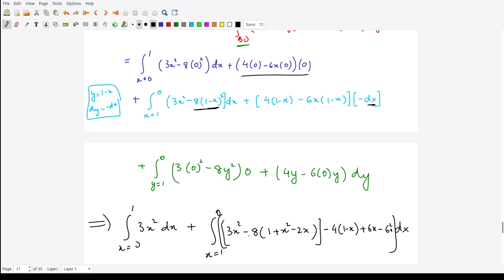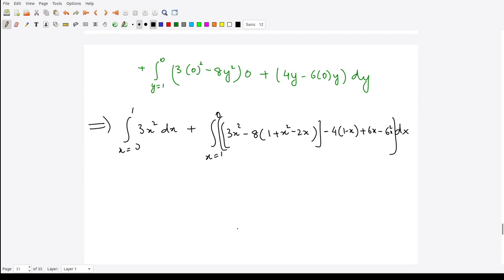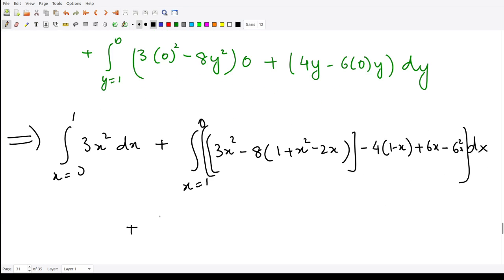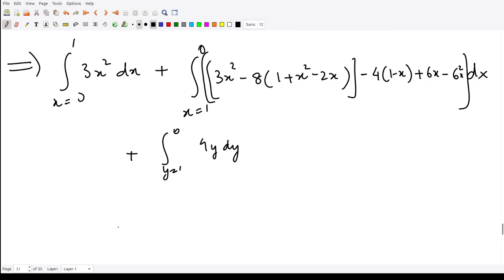Okay, and for the third case, this is 0, so we have y varying from 1 to 0, 4y dy, right? So let's solve this.